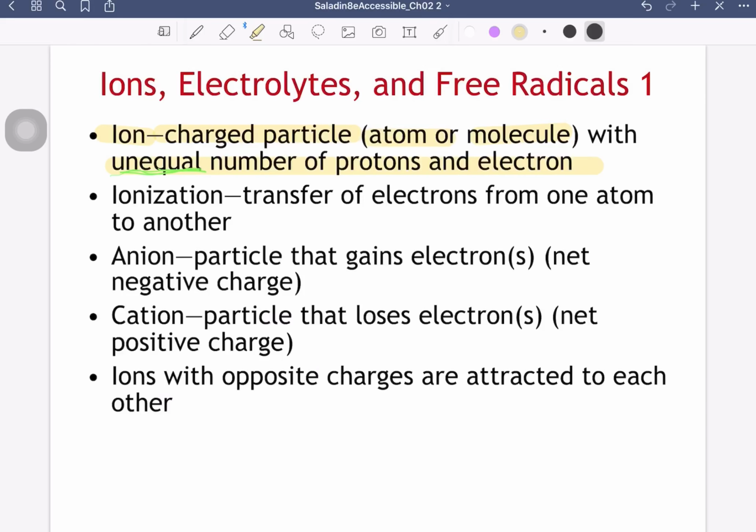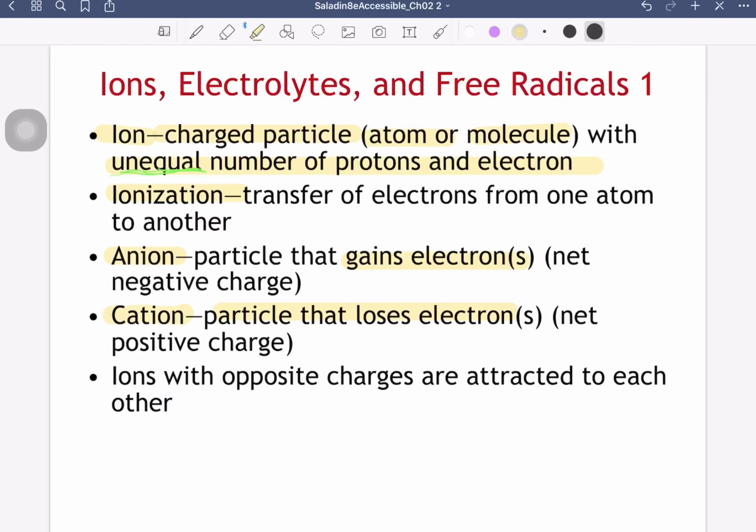And do they do it? Yes, they do. An anion is the atom that gains electrons. So remember, electrons have a negative charge. So if you gain an extra electron, you become more negative by gaining that electron. And then we also have cations, and that's the particle that loses an electron.